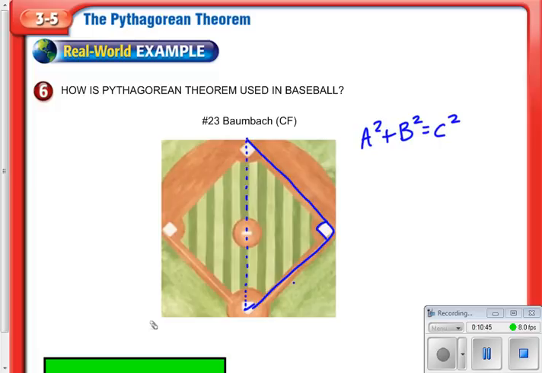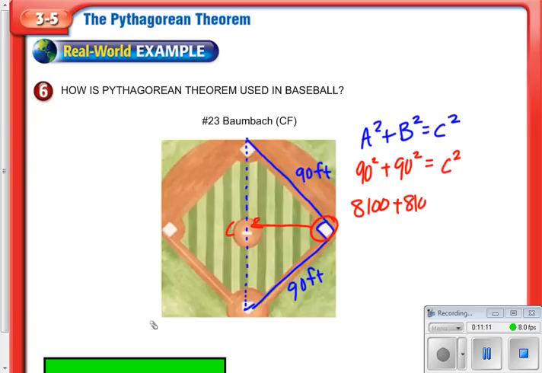Well, in a baseball diamond, this is 90 feet from base to base. So in order to figure this out, we'd say a squared plus b squared equals c squared, as we have above. Put in the values that we know, so we have 90 squared plus 90 squared. Remember here, opposite is side c, so c squared.